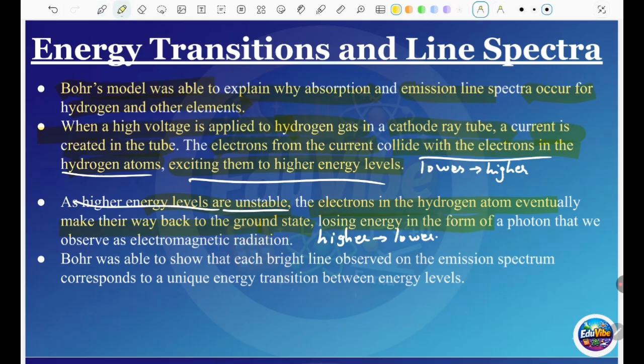At that time they lose energy in the form of a photon. So when they come from higher to lower, they lose some energy. This is an important point you have to know.